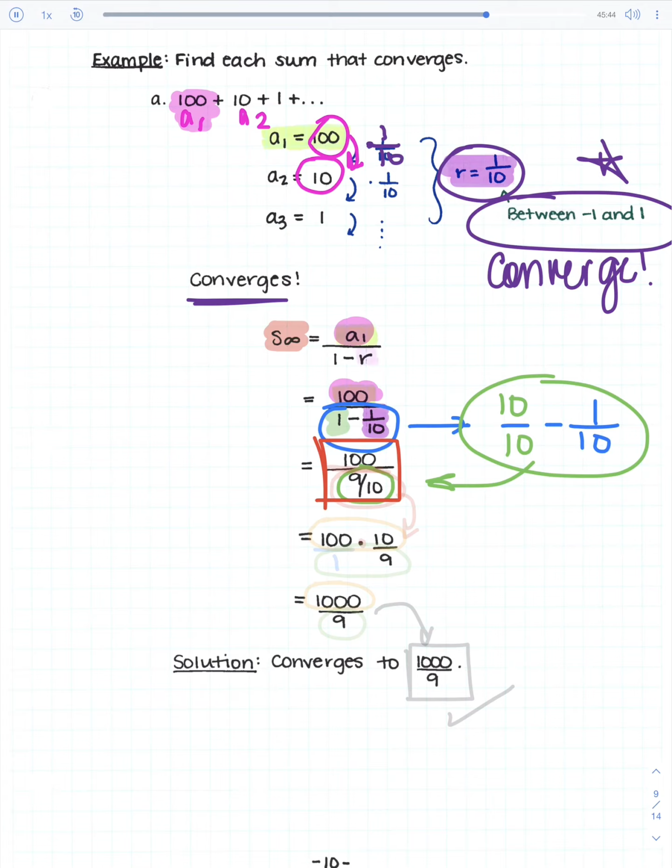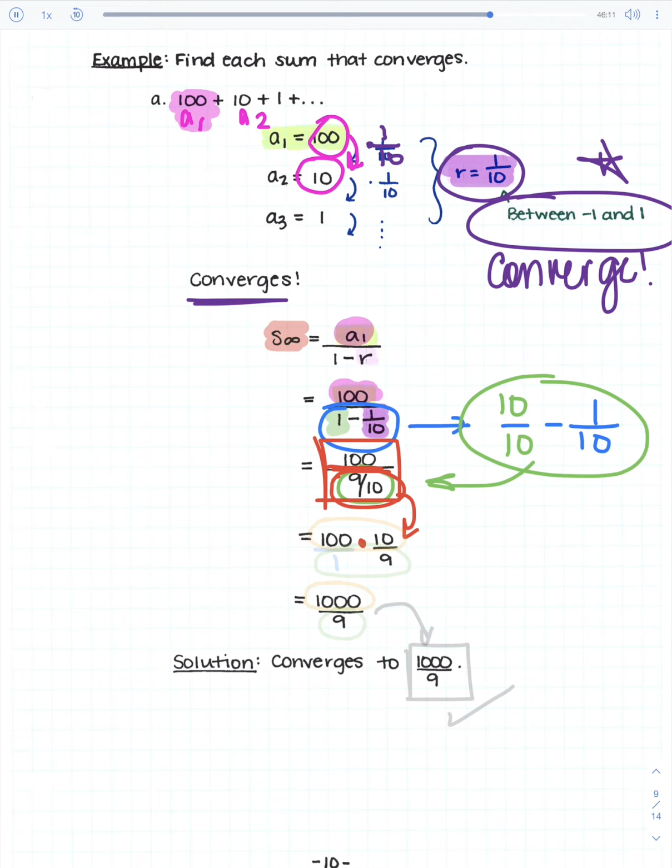Well, remember that dividing by a fraction is the same thing as multiplying by its reciprocal. So I've got 100, that part will stay the same, but instead of dividing by 9 over 10, I'll change it into multiplying by, we've got to flip that upside down, the reciprocal of 9 over 10, which is 10 over 9.